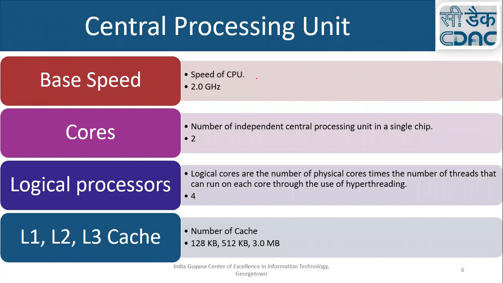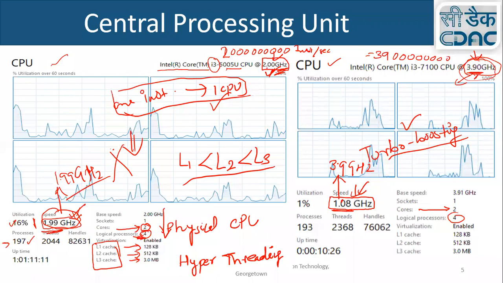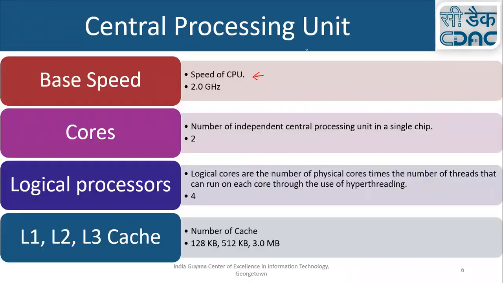Okay, so the base speed of the CPU, like in the previous diagram, is 2.0 gigahertz. This is known as the base speed, meaning the maximum possible speed. If turbo boosting is available, is the current speed less than or equal to the base speed?